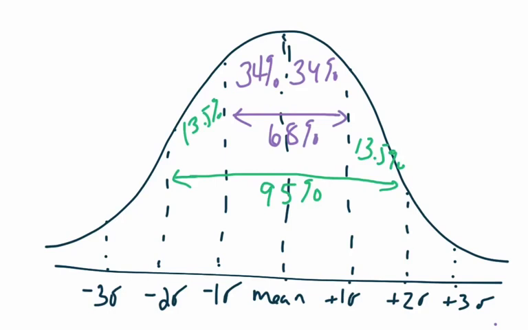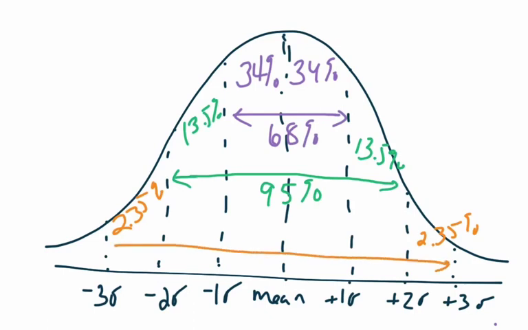And then where I give you the 2.35 and the 2.35, they draw a line going all the way across like that, and they label that 99.7%. Pretty much what they're doing is adding all of that up. Now you can go back and find the values of the individual bands.